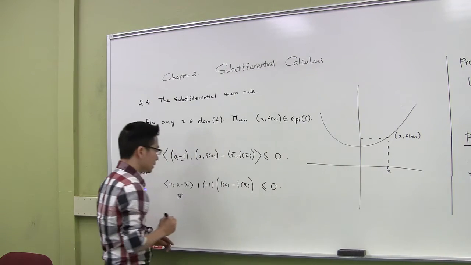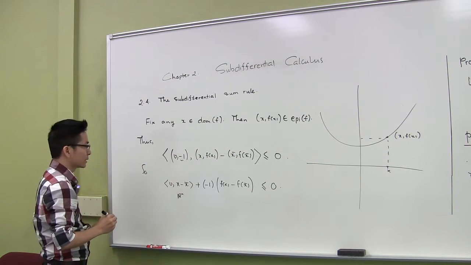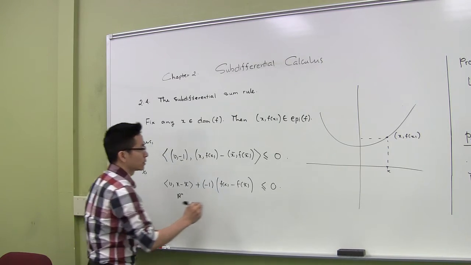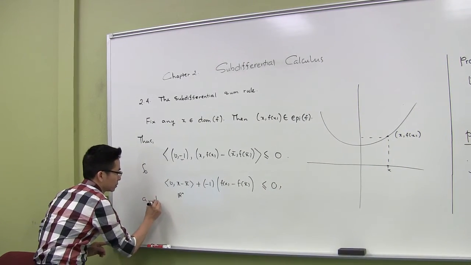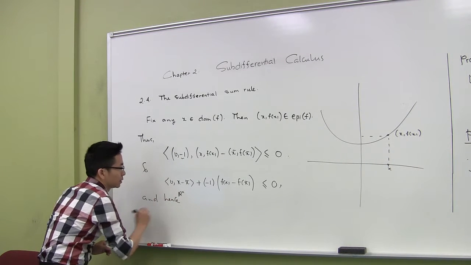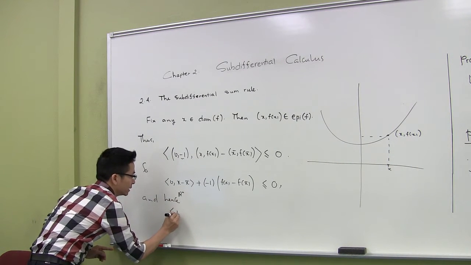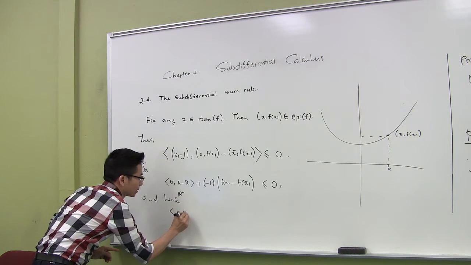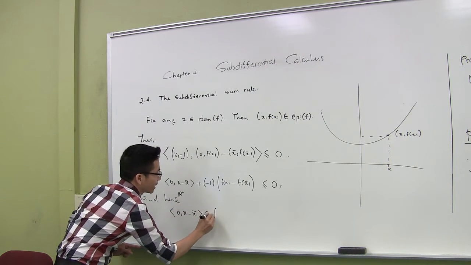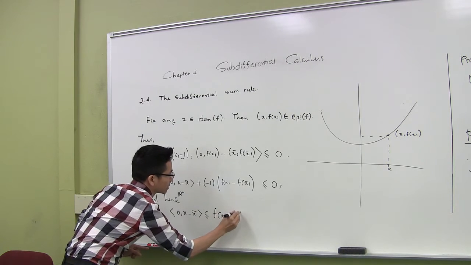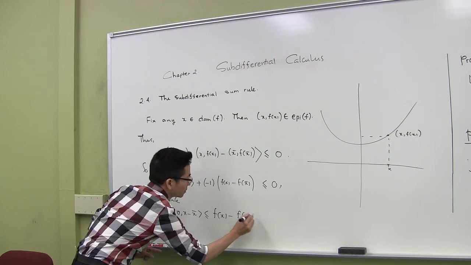Now this inequality can be written as follows, and hence the inner product of v and x minus x bar is less than or equal to f(x) minus f(x bar).